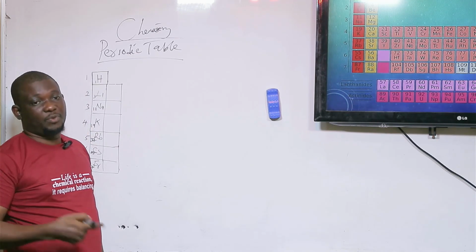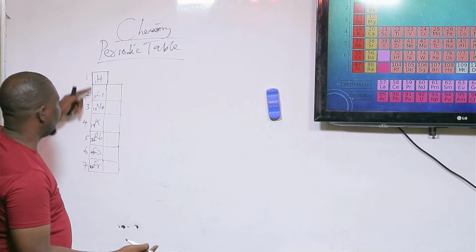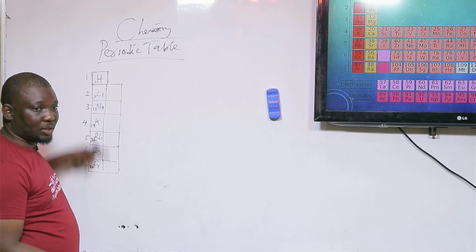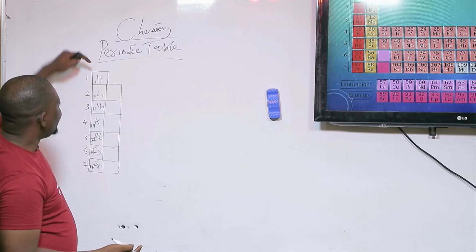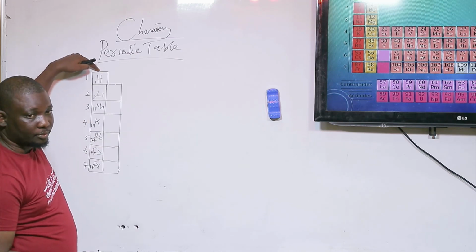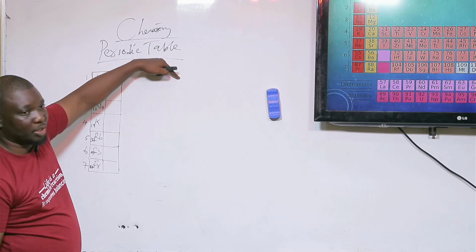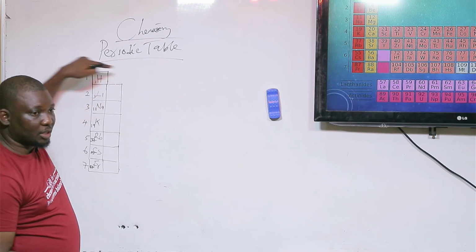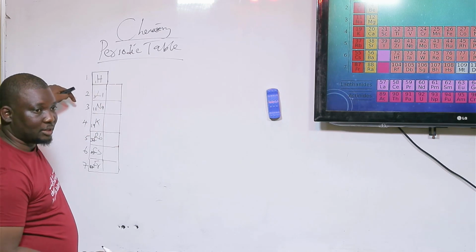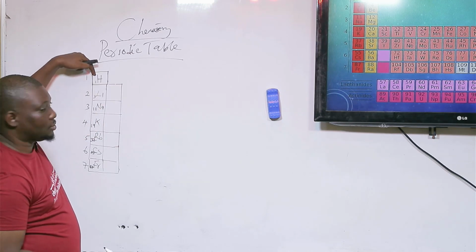You can even say they have the same physical property, because all of them are solids, or all of them are metals, with the exception of hydrogen. Sometimes hydrogen is placed in the middle of the periodic table, but for the sake of convenience we are allowing it to be here.